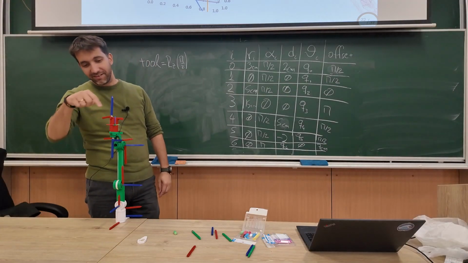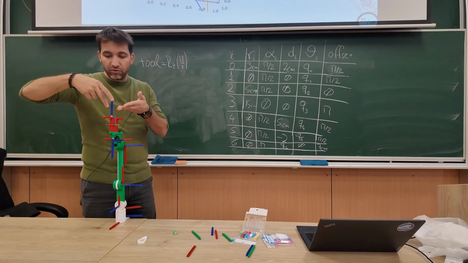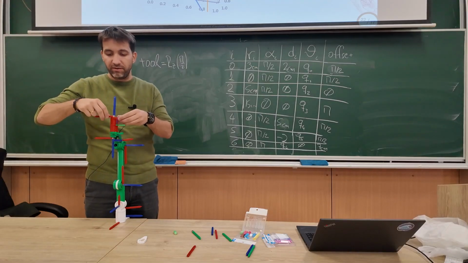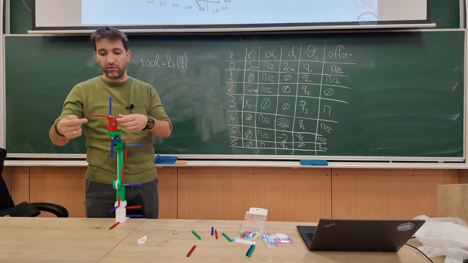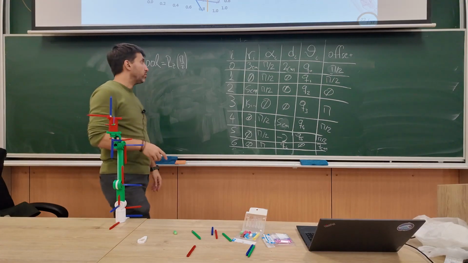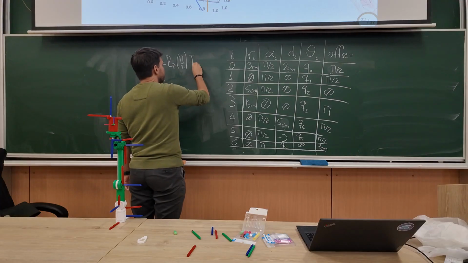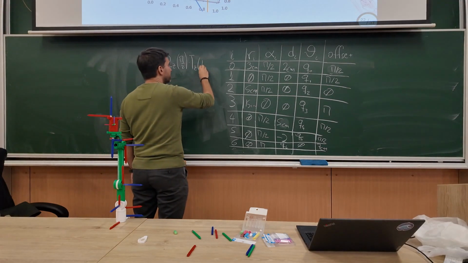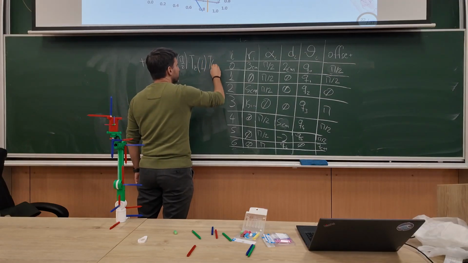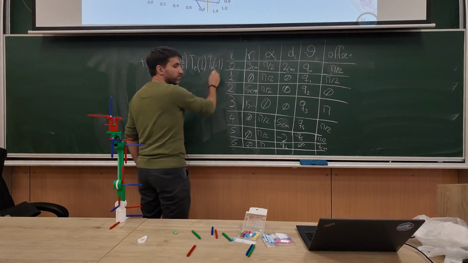All right. And then I can do some translation, depending on these distances. I might want to go down and back. So I might want another translation on Z, let's say by -1, and a translation on X by -1.